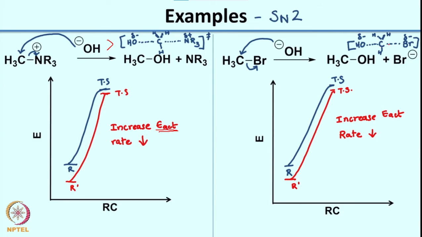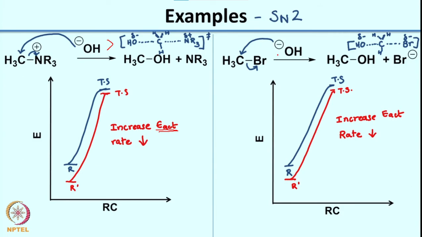As we have discussed in the rate equation, SN2 reaction depends on both the reactants present in the reaction, like OH minus, the nucleophile concentration, as well as the reactant, right?